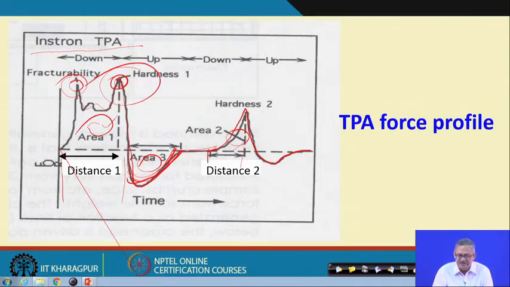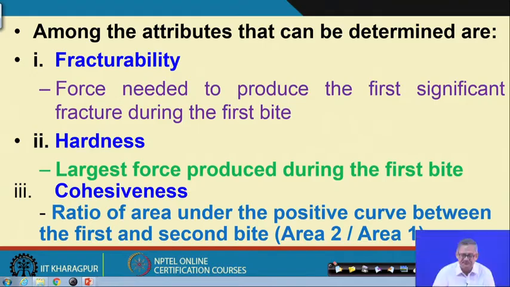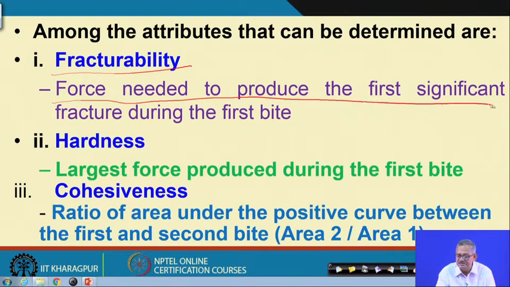So, among the attributes that can be determined by this TPA, the first is the fracturability, right, which we just told. By fracturability we mean the force needed to produce the first significant fracture during the first bite, right.